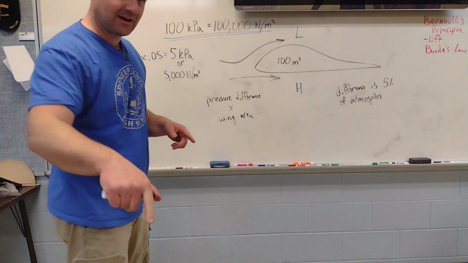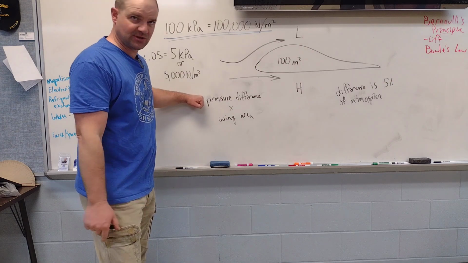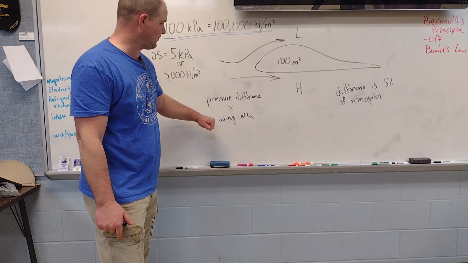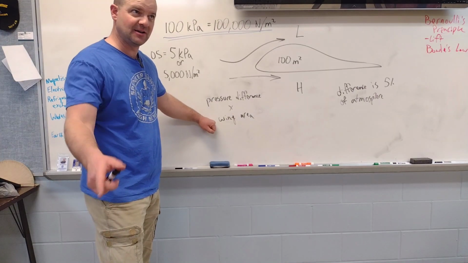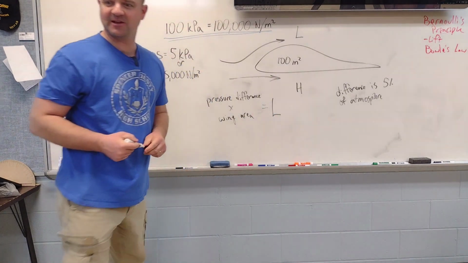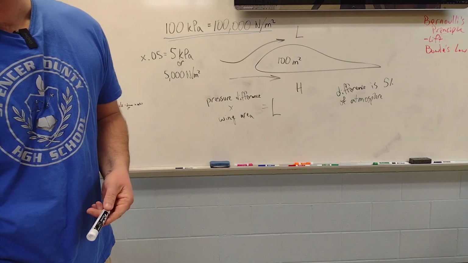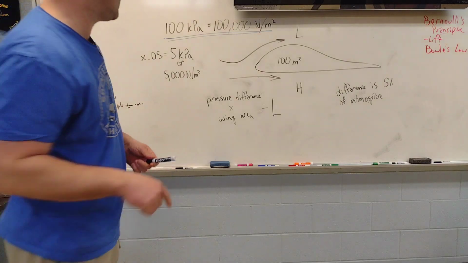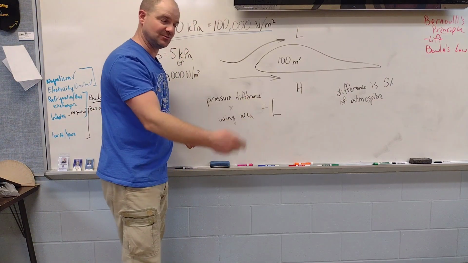Now, if you dig back in the chapter, it says pressure difference times wing area gives you lift. Does that make sense? So we want this lift in newtons. All right.